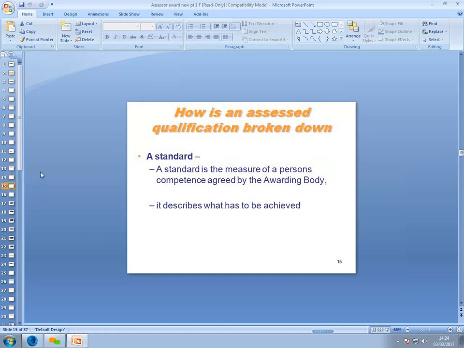A standard. These are fixed, they are not mine, these are fixed statements on a particular thing. A standard is a measure of a person's competence agreed by the awarding body. It describes what has to be achieved.